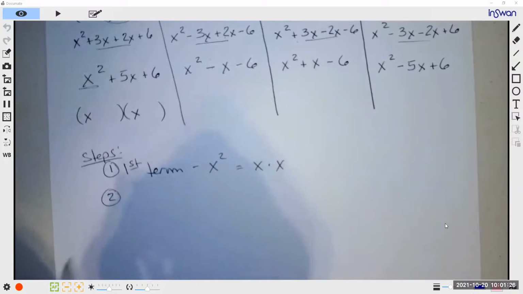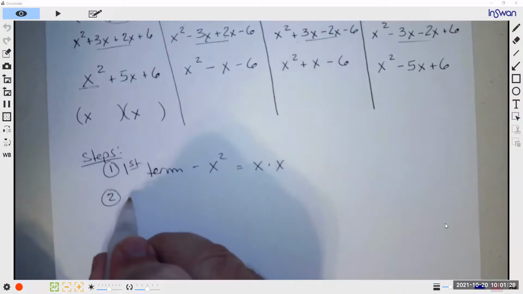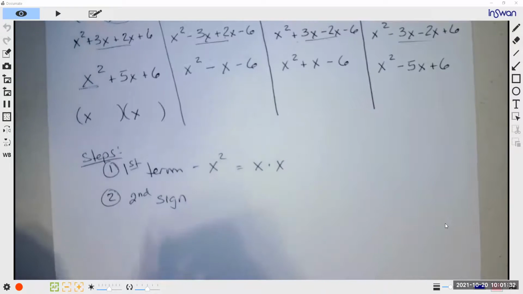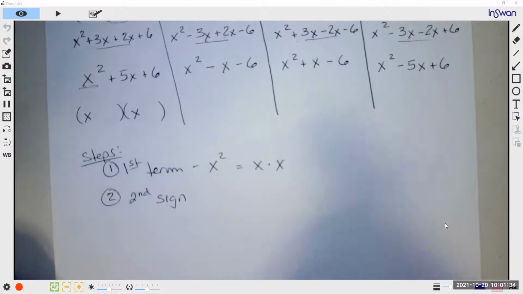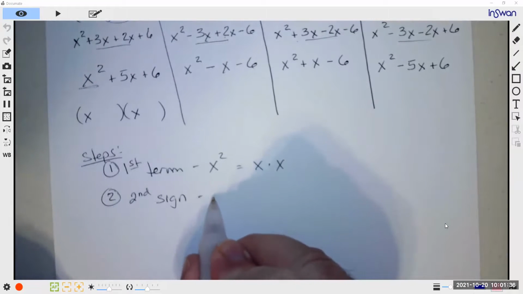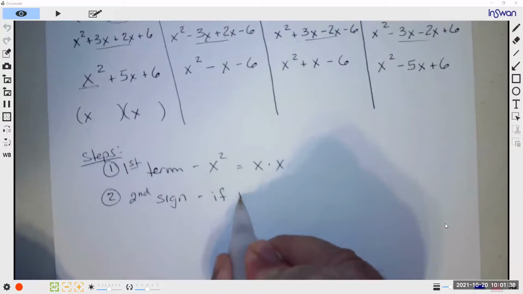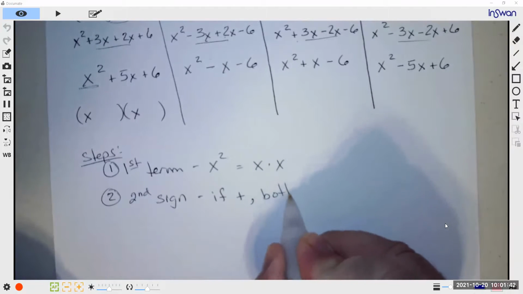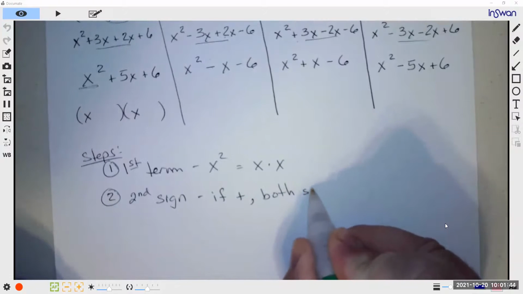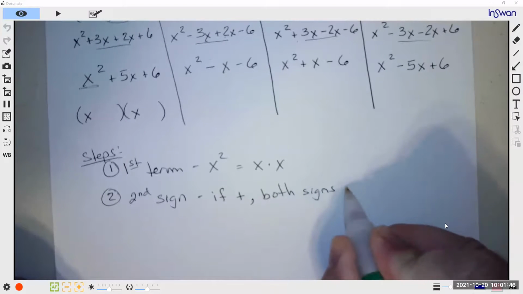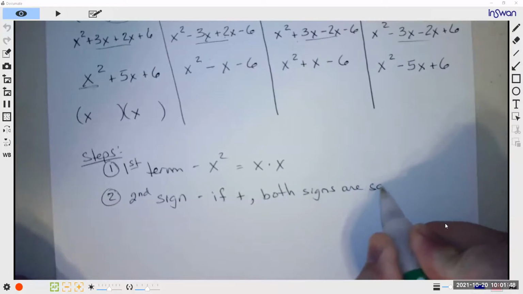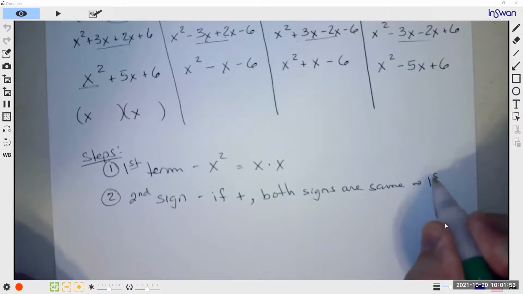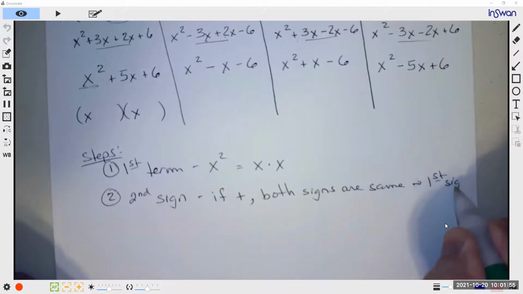The second step: look at the second sign.